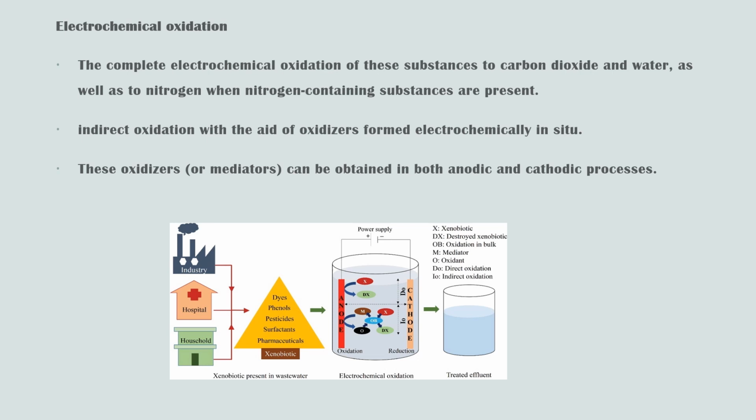An alternative to the direct oxidation of organic substances are the methods of indirect oxidation with the aid of oxidizers present in the electrolytic cell in situ. These oxidizers can be obtained by both anodic and cathodic processes. Anodic agents are the salts of hypochloric acid, hypochlorites, and the permanganates, the persulfates, and even ozone.